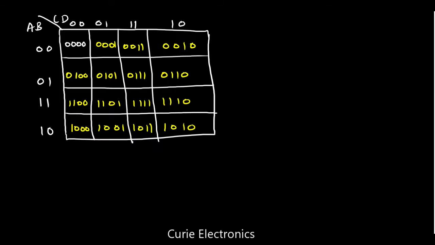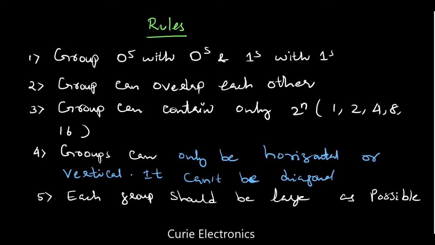Now let's see the rules to be followed to draw the K-map. So what are the rules to be followed when you draw the Karnaugh map? Group zeros with zeros and ones with ones. We will do the grouping of ones if it is sum of products, and grouping of zeros if it is POS, product of sums. The second rule is groups can overlap each other.